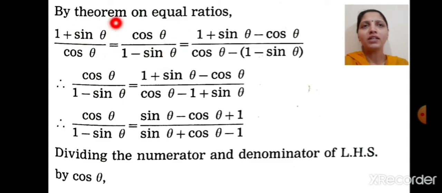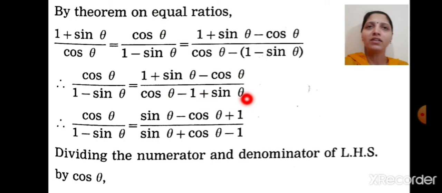So by applying the theorem on equal ratios, which you have learned in the 9th standard, you can write here (1 plus sin theta minus cos theta) upon (cos theta minus 1 minus sin theta). Therefore cos theta upon 1 minus sin theta is equal to (1 plus sin theta minus cos theta) upon (cos theta minus 1 plus sin theta), because this minus minus becomes plus.